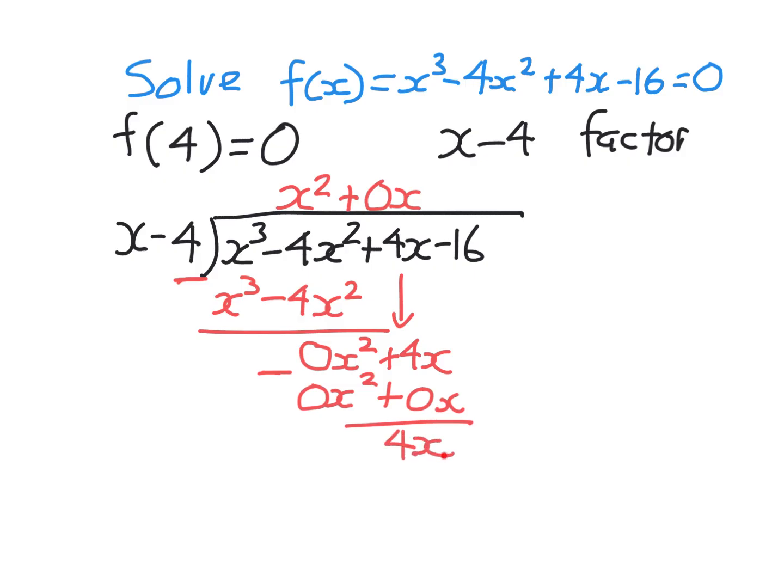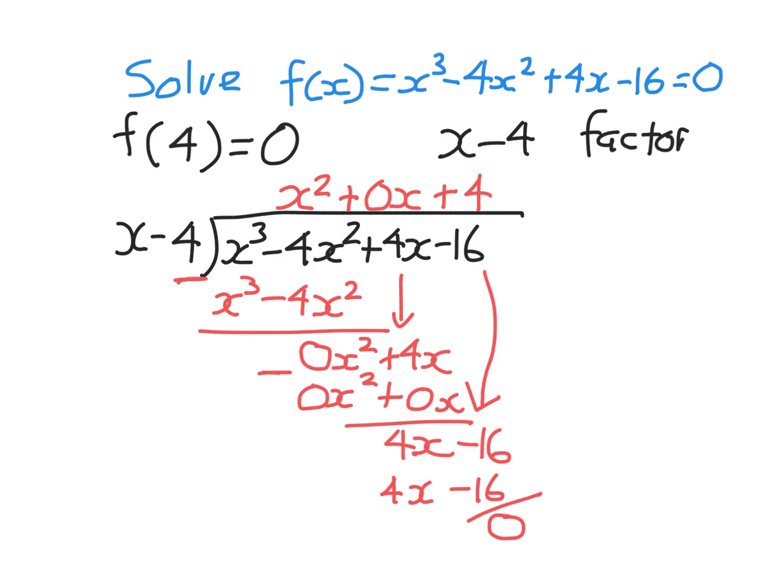When you get a remainder, divide by leading term. 4x divided by x is positive 4. Now I'll calculate the remainder of the whole thing. So bring down the minus 16. When I get something up the top, I need to times it by these two terms. So 4 times x, 4 times negative 16. Great, I got a remainder of 0, which I should have done because x minus 4 was a factor.